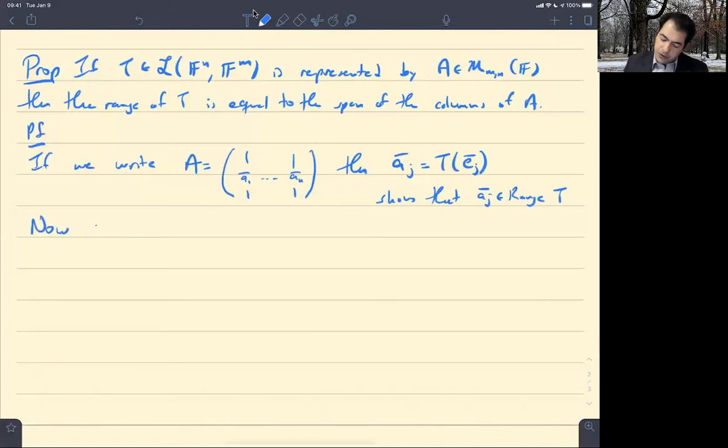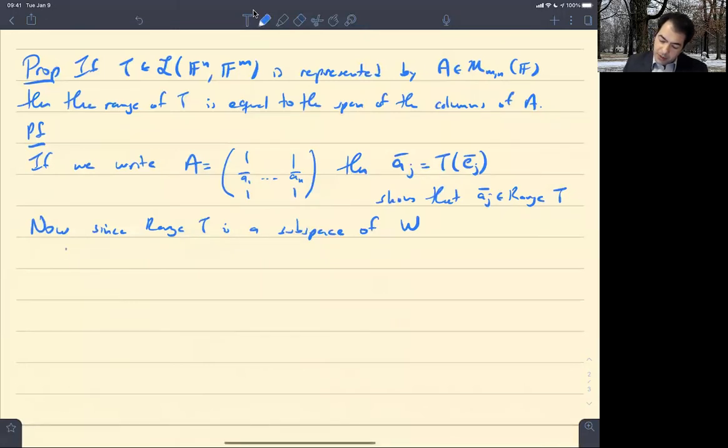Now, since the range of T is a subspace of W, and it contains these vectors, the Aj's, then it has to contain all of the linear combinations of these vectors, and that's the span.